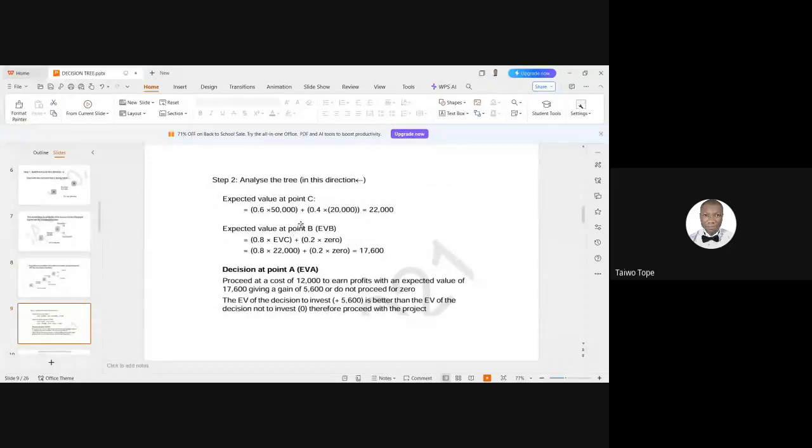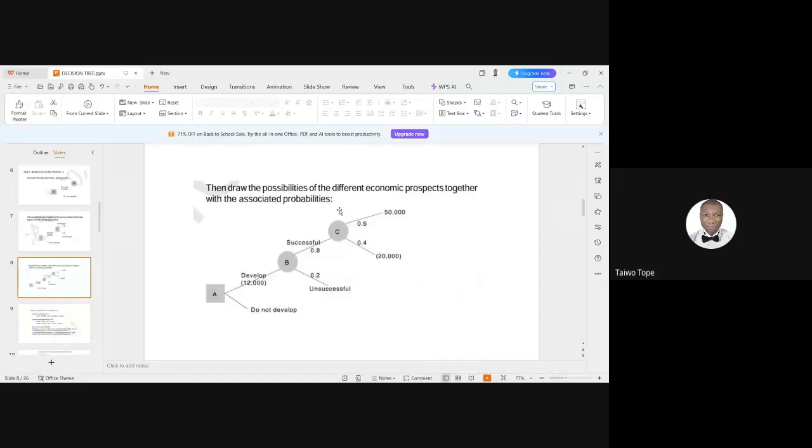So this is a negative sign, right? See it, this 20,000 is a loss, isn't it? Yes, sir. It's supposed to be 50 plus 20, but because this is a loss, it will be 50 plus minus 20.